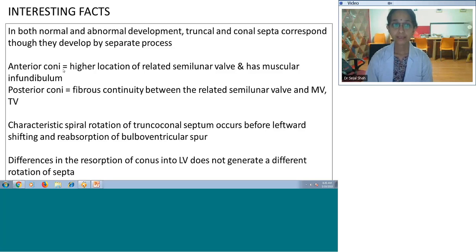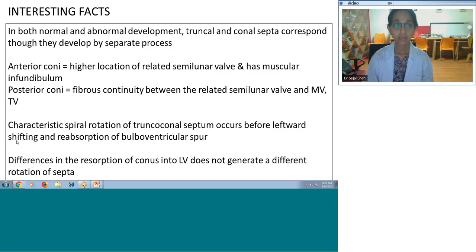The second thing is that the anterior conus is the one which is located higher and has a muscular infundibulum, and the posterior conus will have a fibrous continuity between the remaining semilunar valve and the AV valves. So in a normal heart we see that the pulmonary valve is the one which is superiorly located and has an infundibulum, and the aortic valve is the one which has a fibrous continuity with the mitral valve and the tricuspid valve.